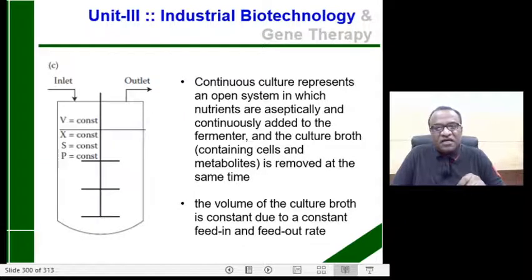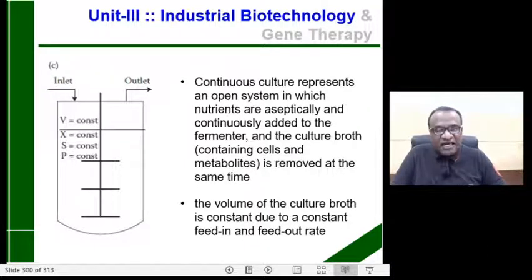Here the volume of the culture broth is constant due to a constant feed in and feed out rate. So you can observe here there is no cross for the outlet as well as for the inlet, and the volume is constant because the feed in and feed out rates are constant throughout the continuous culture mode of operation.